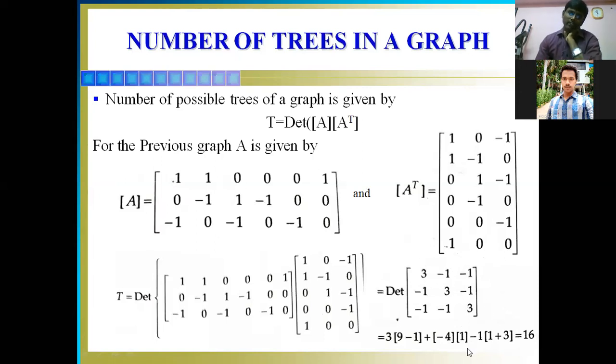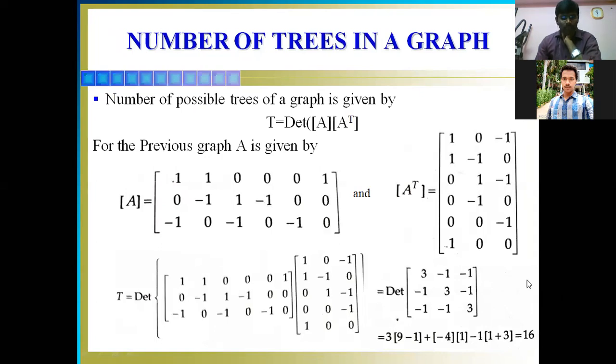So if you calculate the determinant of this, 3 into 9, minus 1, and so on. Finally you may get 16 here.